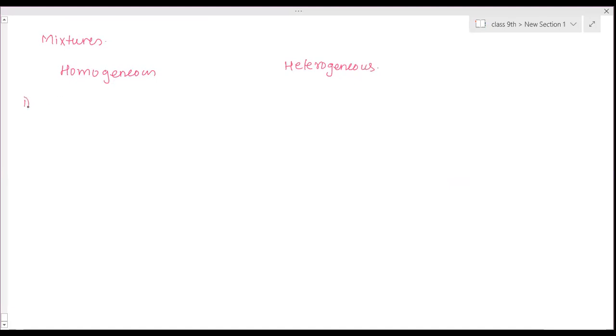Here are the differences between homogeneous and heterogeneous. Size of particles is less than 1 nm in homogeneous. And in heterogeneous, size of particles is more than 1 nm, between 1 to 100 nm, or more than 100 nm.